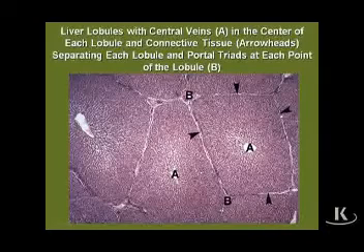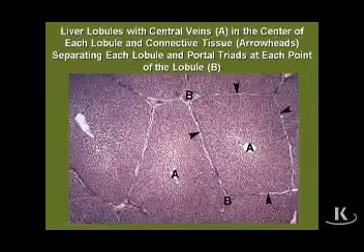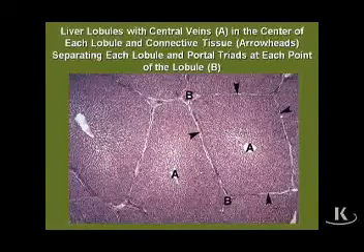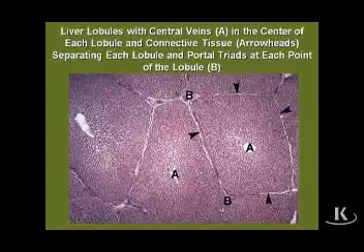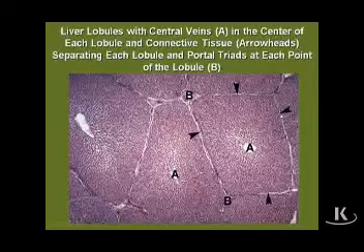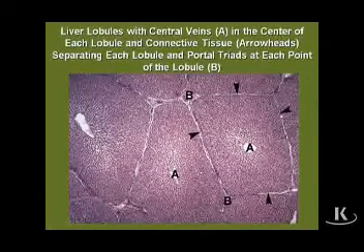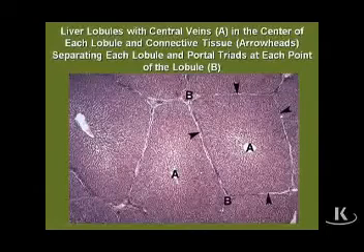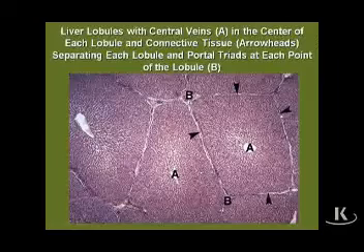So at each of the arrows is a connective tissue trabecula that contains branches of the portal triad that are surrounding the lobule and delivering blood into the central portion of the lobule that will ultimately drain into A. So the structures at B represent locations of 2 of the portal triads, each of which, as we said, contains a branch of the portal vein, a branch of the hepatic artery, and a tributary of the biliary system.